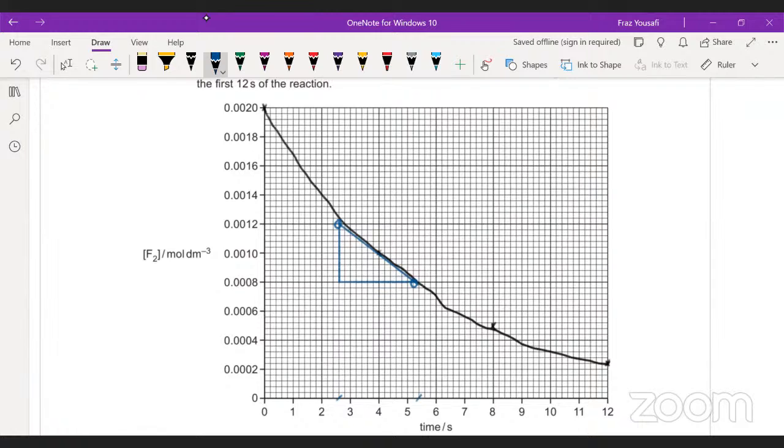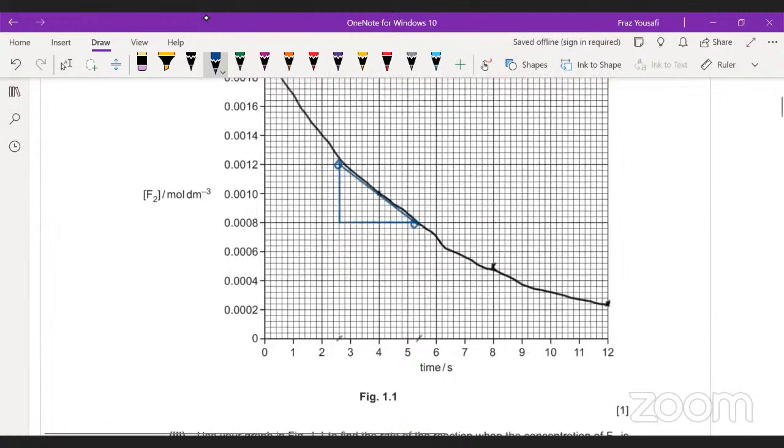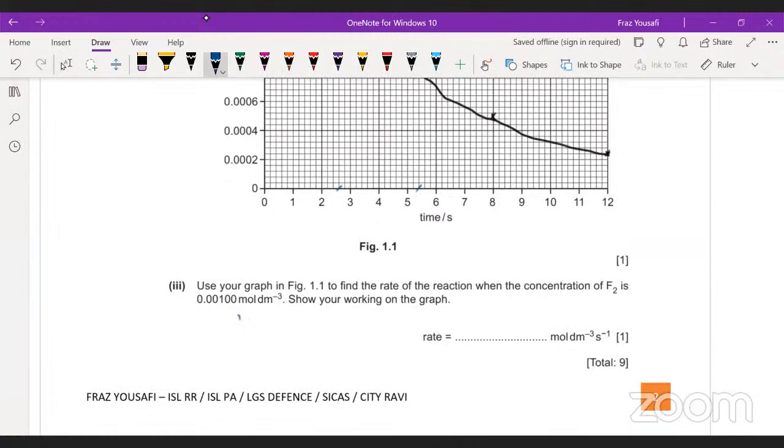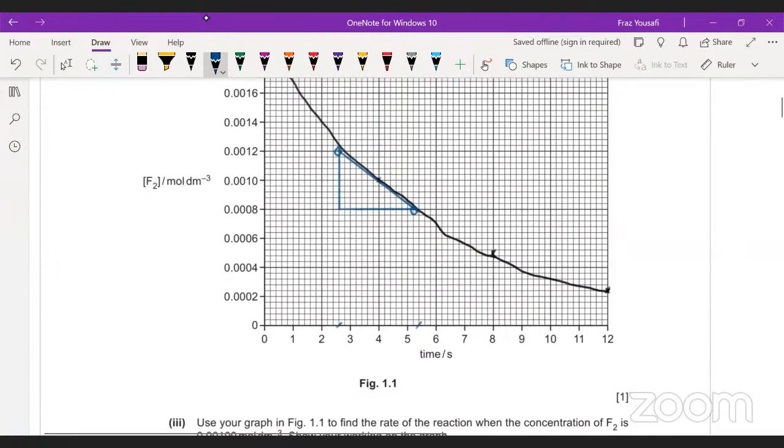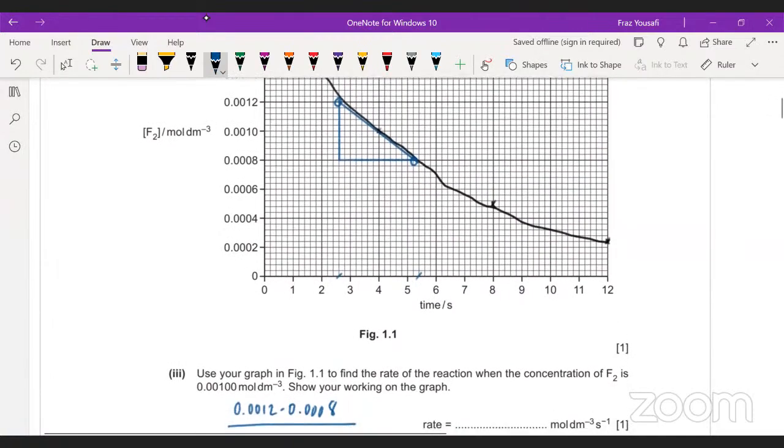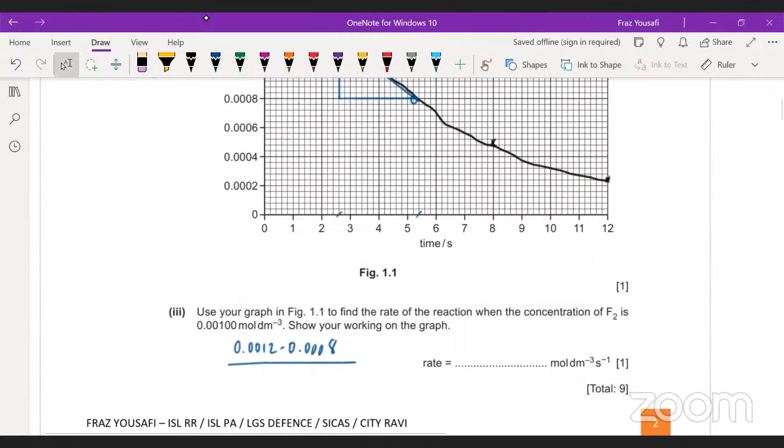So I've got 5.4 looks like here is where it ends. 2.6 is where it starts in terms of the x-axis. And then I've got 0.0012 minus 0.0008. So rise over run. Take the difference in your concentration over the difference in your times.